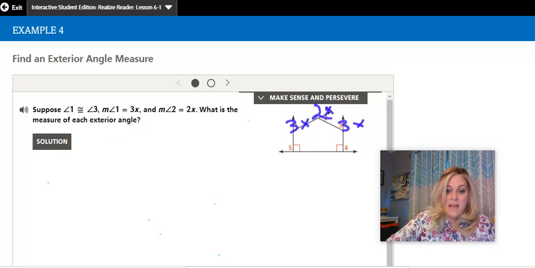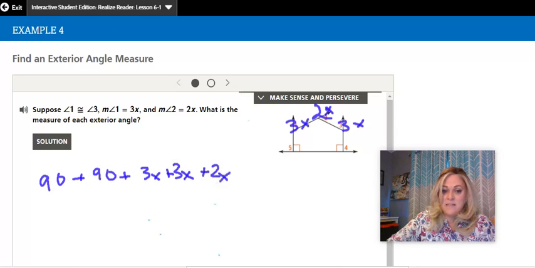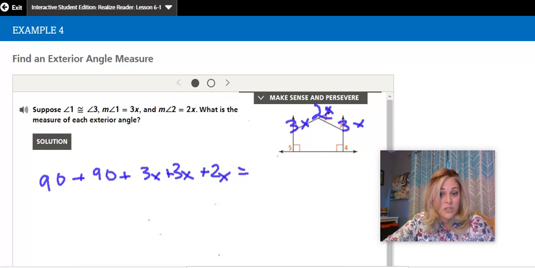So let's see. I need the actual degrees. I have two 90s, a 3x, another 3x, and a 2x. How many degrees should this equal? The exterior angles, no matter what kind of convex polygon, should equal 360.